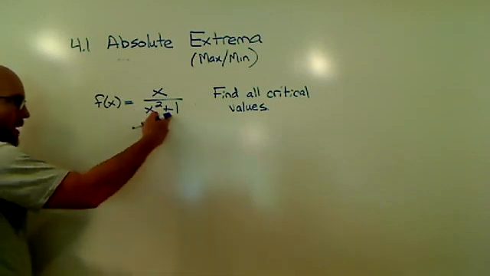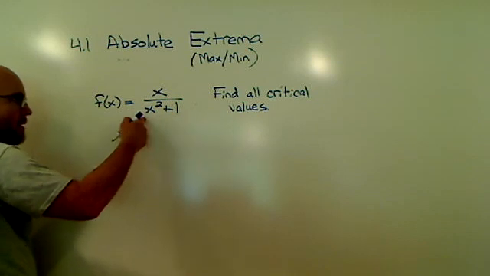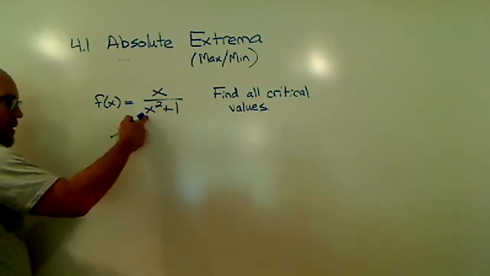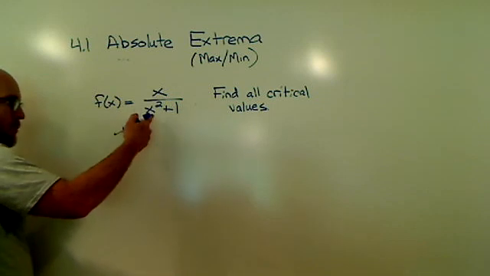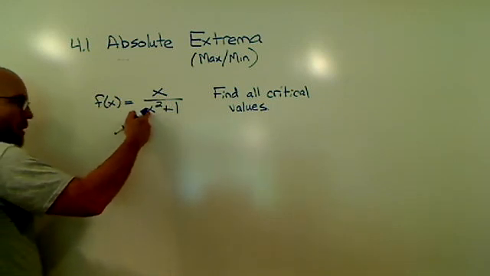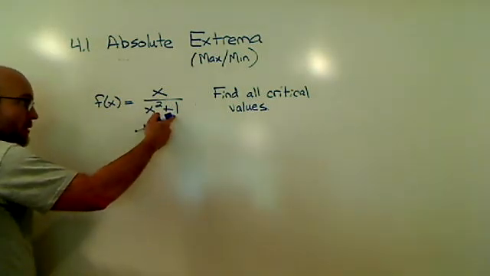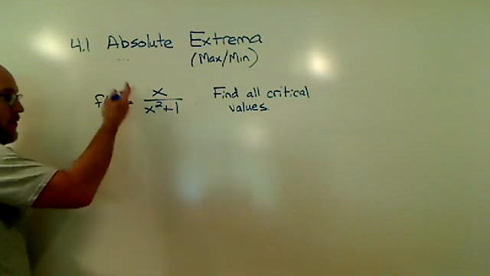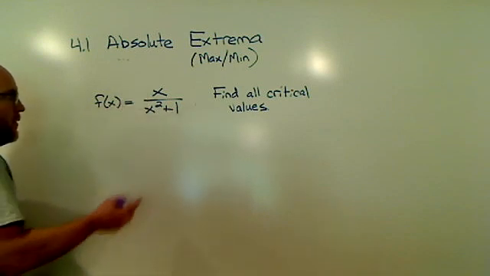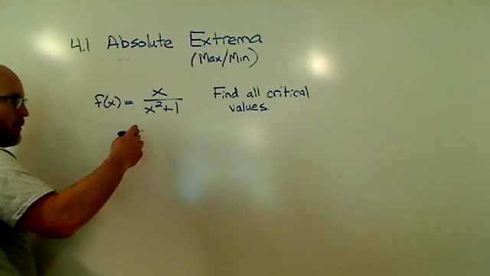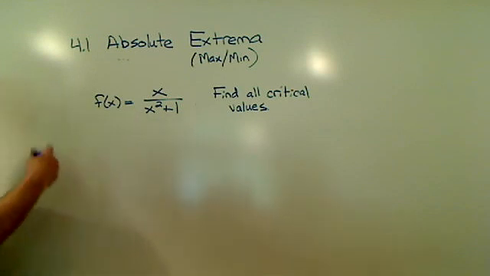We can certainly put anything in for x in the denominator. We just have to make sure we're not dividing by zero. But the nice thing about this example, of course, x squared is positive. A positive number plus 1 is definitely positive. If it's positive, it can't be zero, so you're never dividing by zero.